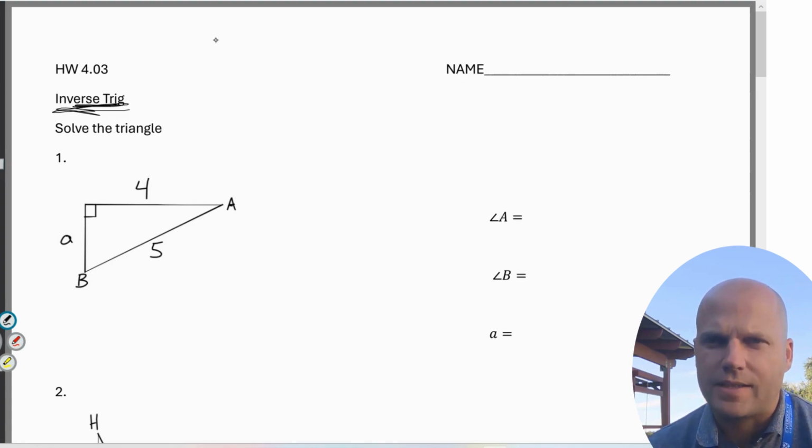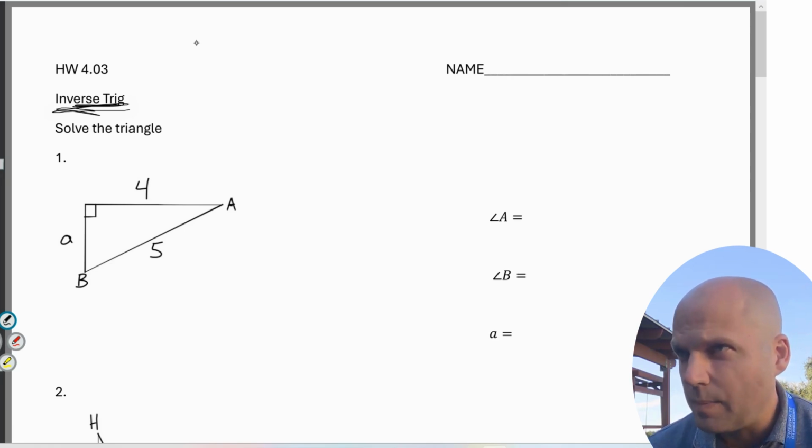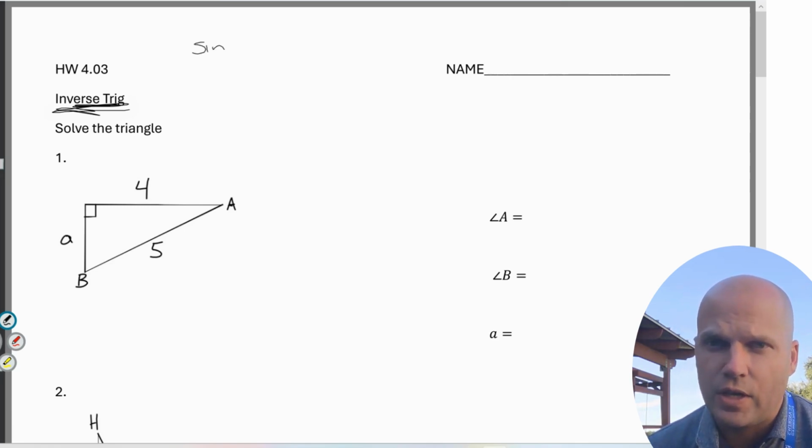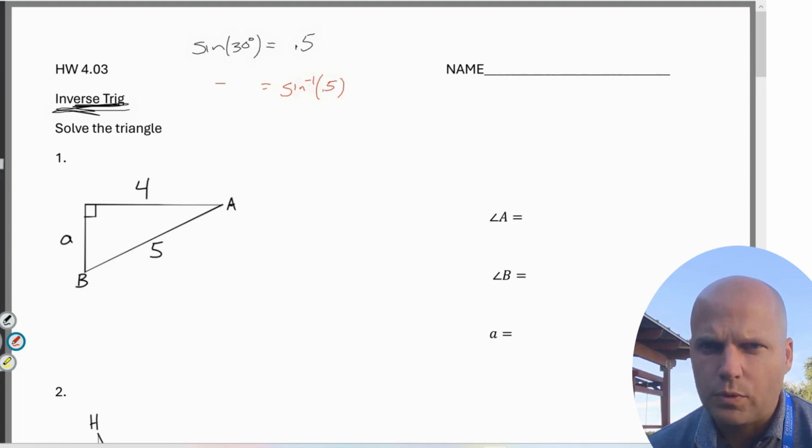We talked about it in class how, let's say you type in the sine of 30 degrees. This would be like the trig function of an angle, and you get a ratio. Well, we can do the opposite and use an inverse and say the inverse of the ratio would produce the angle.